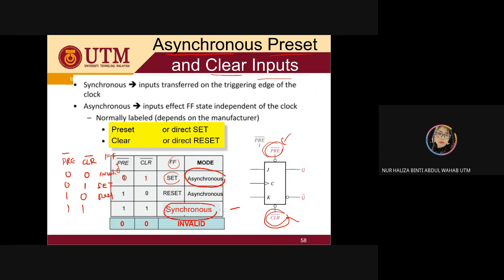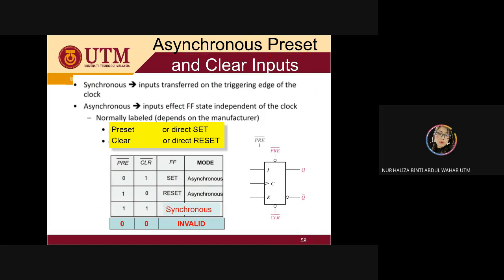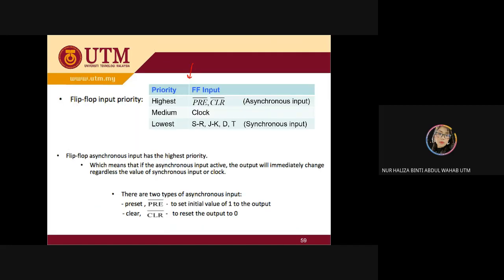What is the meaning of synchronized? You need to look into the flip-flop inputs. If it is JK, then you need to consider the JK part. If it is a D, you need to look into the D flip-flop. If it is a T, you need to look into the T flip-flop, and etc. Let's take a look into the example.